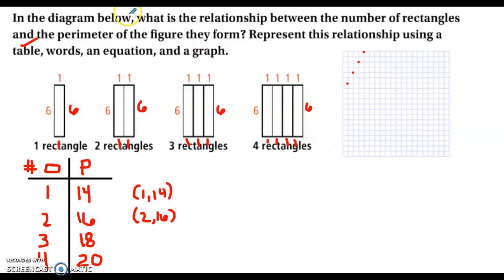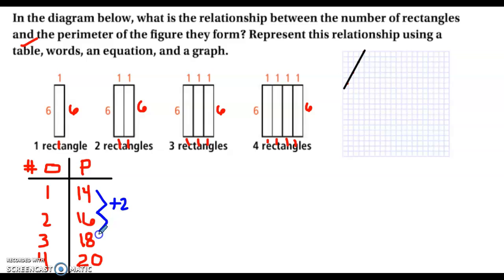Now, if I connect those, you can see that they actually form a line. So that's one way to tell that this is linear. This is a linear situation because it creates a line in the graph. We can also tell from our table that it's linear because when you look at your dependents from 14 to 16, you add 2.